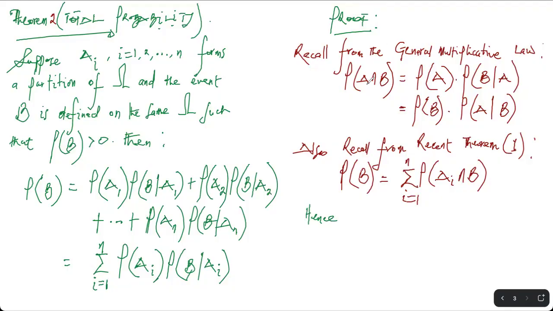If we substitute this, let me call this one, and then let me call this two. If I substitute this into this, it just gives me what I'm looking for.